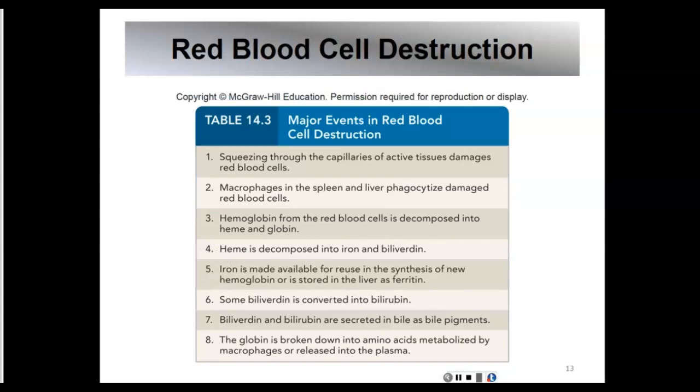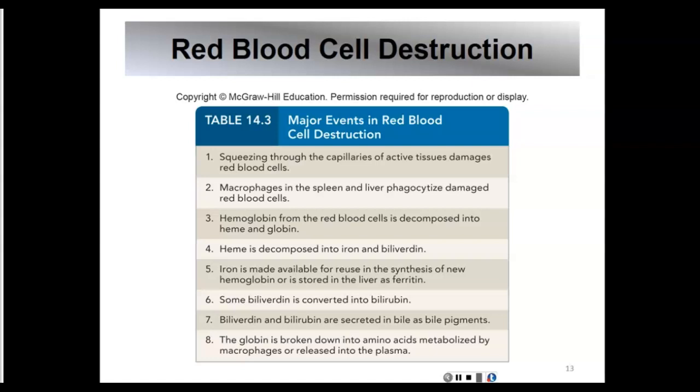Red blood cell destruction can happen naturally. Squeezing through capillaries of active tissue will damage red blood cells. Macrophages in the spleen and the liver will phagocytize these damaged red blood cells. Hemoglobin from the red blood cells is decomposed into heme and globin.